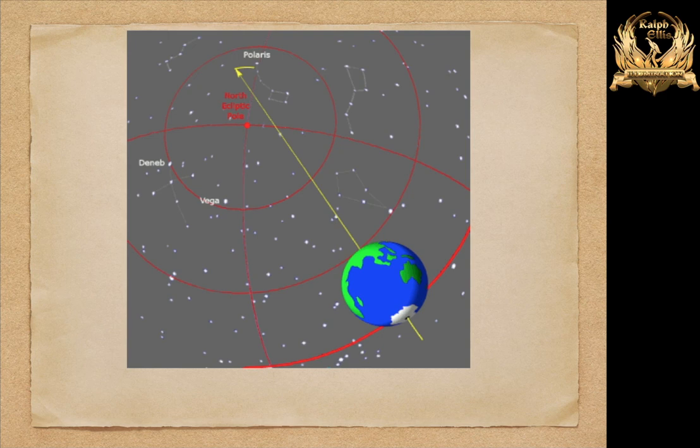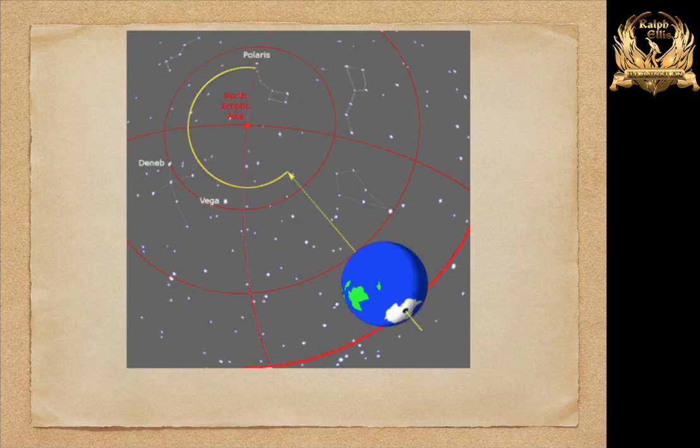So here's our image of the Earth precessing, the same as it did before, and it draws this big yellow circle in the heavens above. So if you go out on a winter's night and have a look at the heavens above you, you'll see this big yellow circle, and that's the ecliptic circle. The axis of the Earth draws a circle in the heavens above, the ecliptic circle.